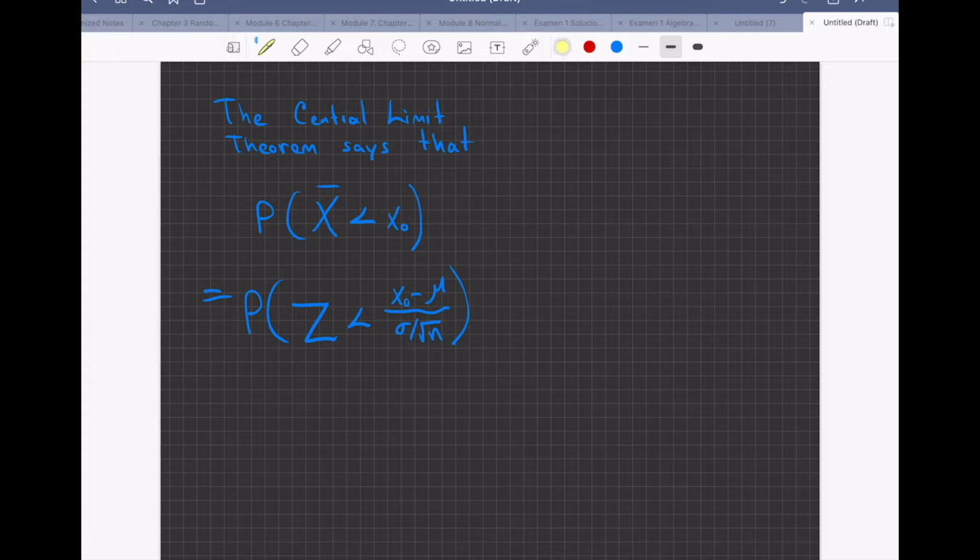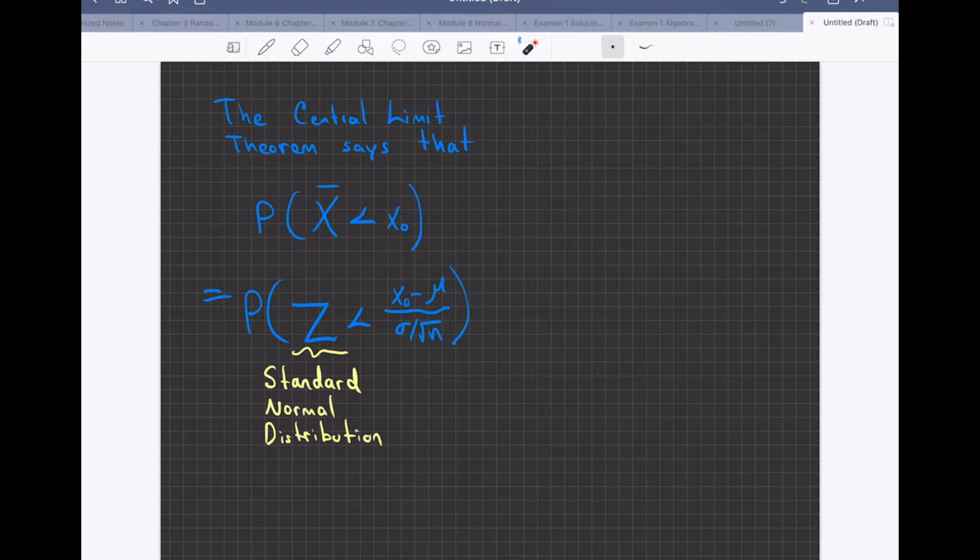And don't forget, Z is the standard random variable with the standard normal distribution. So, in other words, we can compute probabilities for the sampling mean by using the standard normal distribution. Essentially, that is what the central limit theorem says.